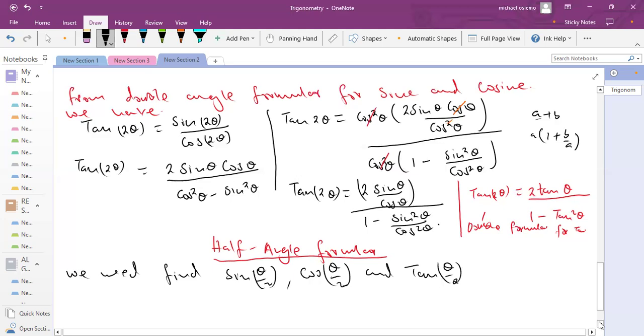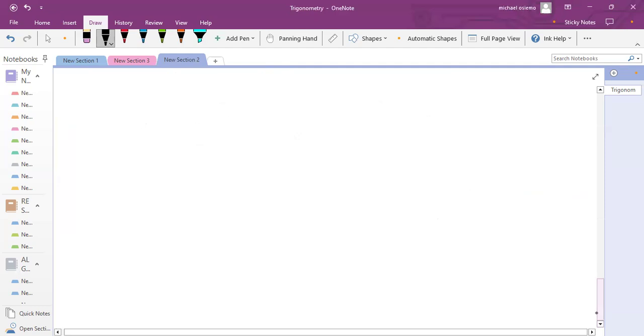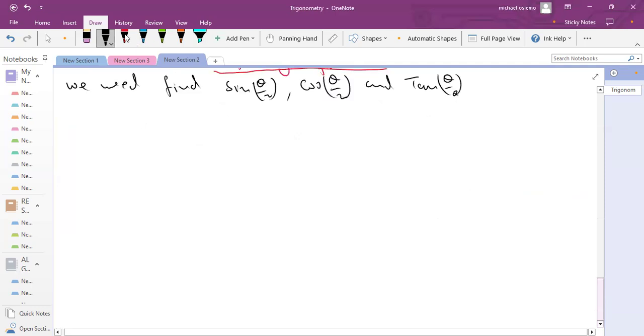Now, how are we going to reach these? We only need to remember the compound angle formula.